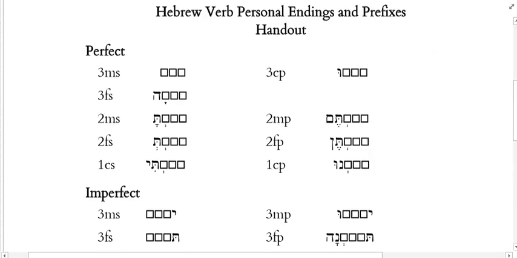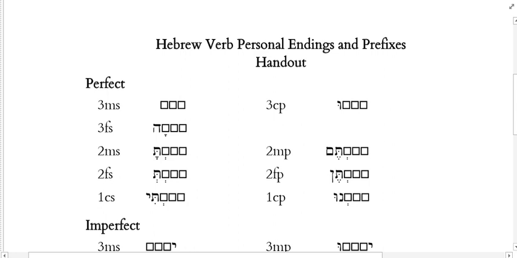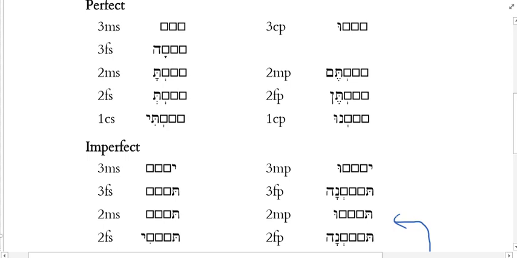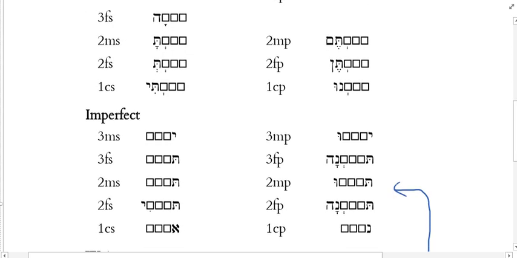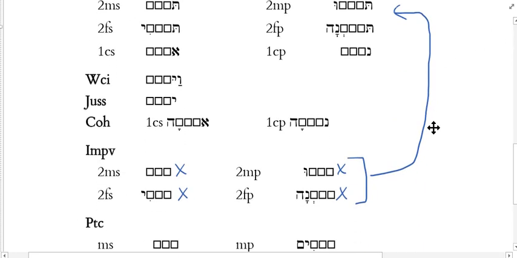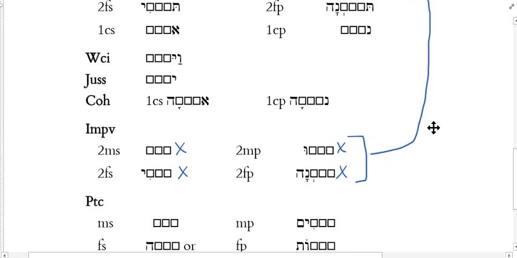Here, if you're using this little chart that I have on my website that I've asked you to print out, okay? This is where the 3 root letters are represented by indiscriminate boxes, and I'm just looking at the personal endings and prefixes, okay? If you look at the imperative section, notice what my possibilities are. It's 0 if it's 2MS, hireq yod if it's 2FS, shureq if it's 2MP, and na if it's 2FP.